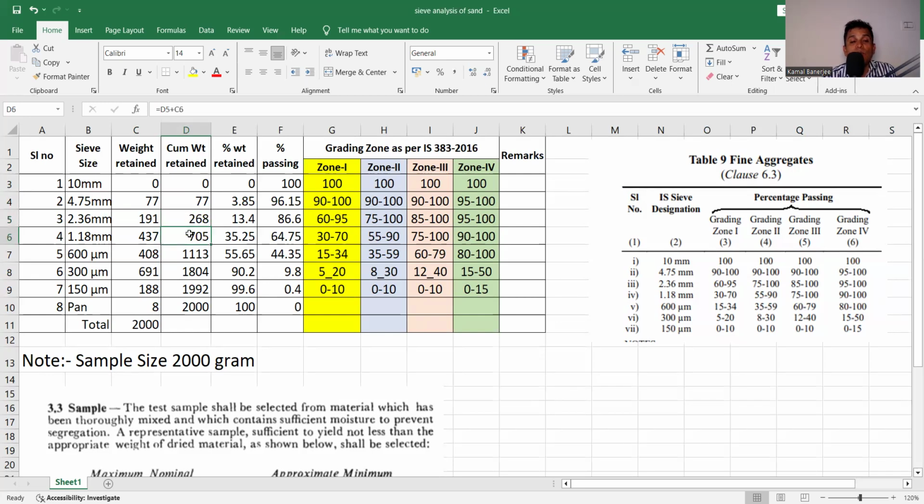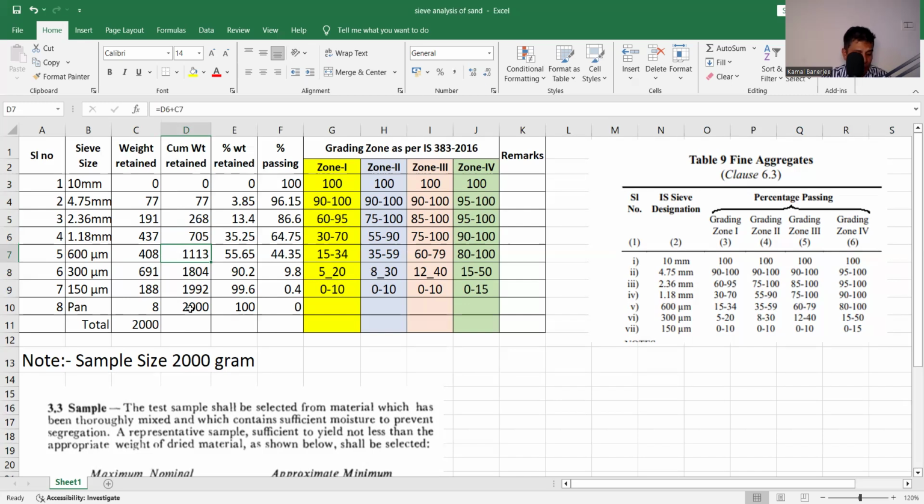For 1.18 mm, the cumulative weight retained is 0, 77, 191, 437, which equals 705 gram. In the case of 600 micron, the weight retained on the individual sieve is 408 gram, but the cumulative, 0, 77, 191, 437 and 408, comes to 1113. Similarly for 300 micron it is 1804, for 150 micron 1992, and the pan 2000.